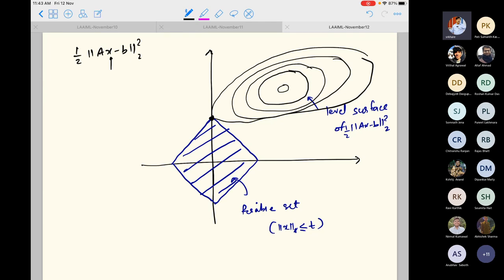Then you will have those ellipsoids or spheres coming out as concentric level surfaces. The chance is really very high that it will hit one of the corners, and if it does, then you get sparsity, right? So that's why the L1 norm being present there kind of guarantees sparsity. This is a very hand-waving argument, but geometrically this is what is really happening.